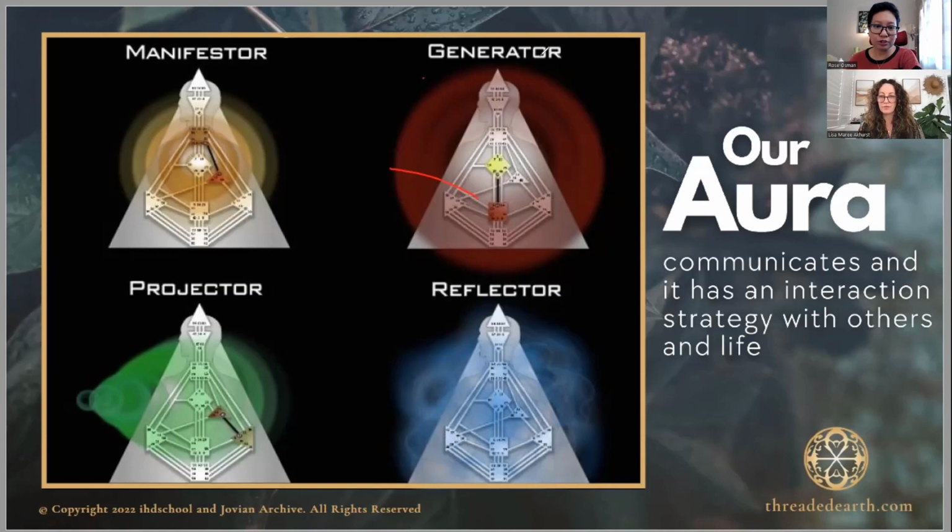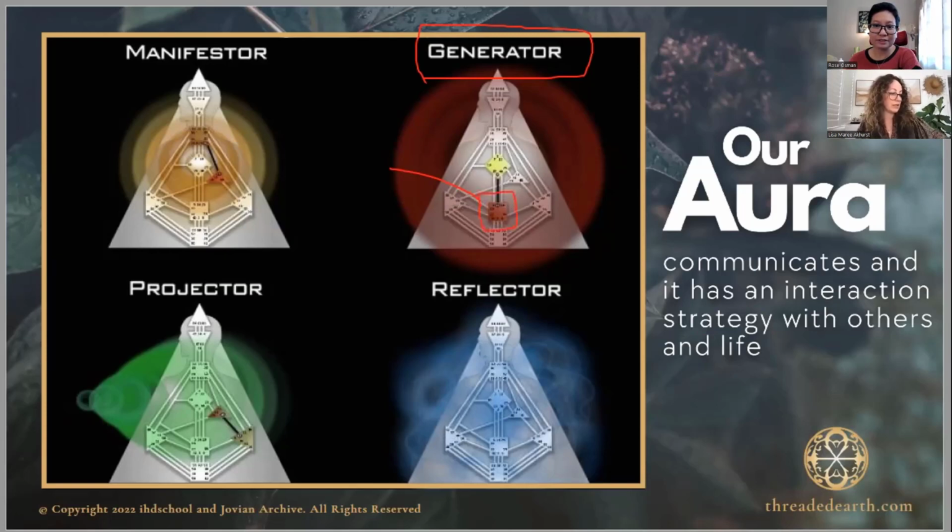So if you are a generator or a manifesting generator and you're not feeling satisfied with your life, not feeling satisfied with your moment to moment interactions with others, interactions with activities, then something is off track in your life, because frustration is there to tell you this is not what the body wants to do.